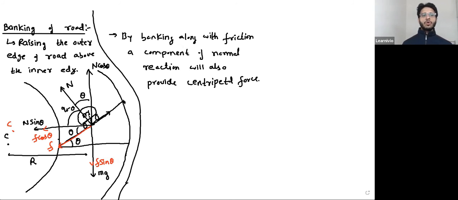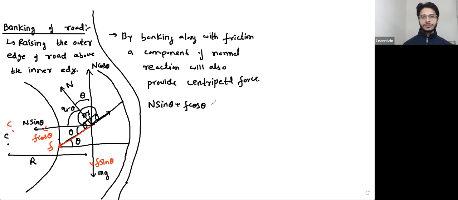Okay, now can you tell me what are the forces which are providing centripetal force? Just N sin theta, or plus f cos theta? Have you done this thing in your school? Yes, sir, we did. You have done this thing. So N sin theta plus f cos theta will provide centripetal force.